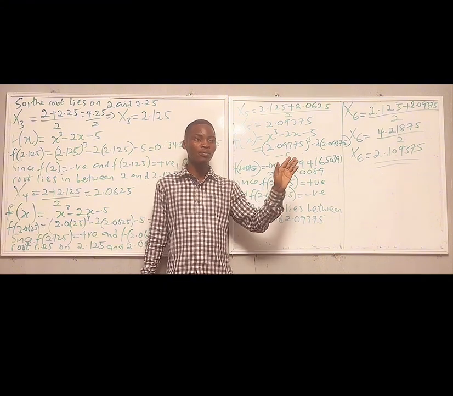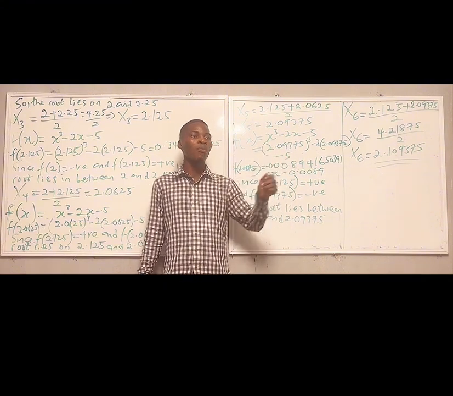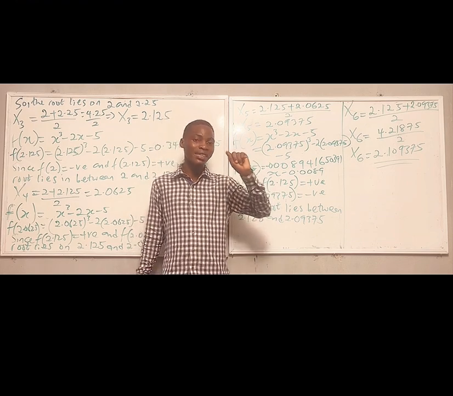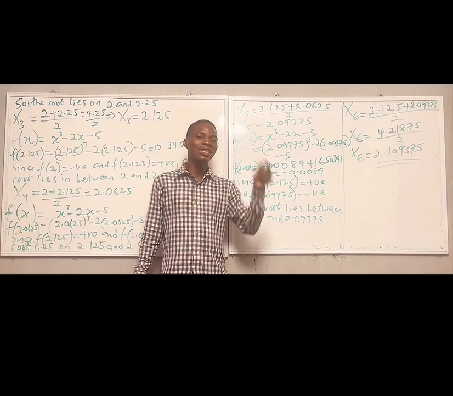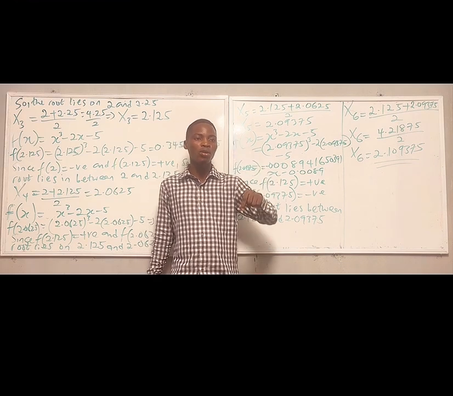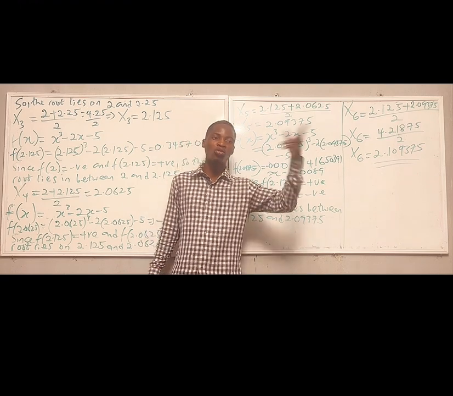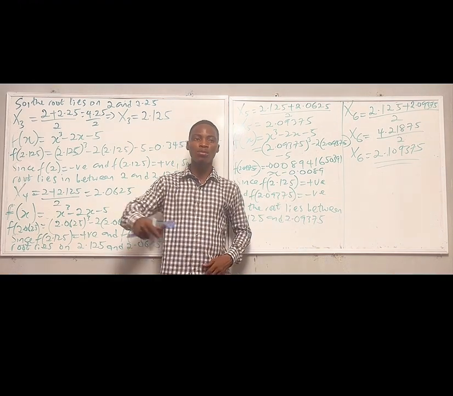When I got to S12, I got 0.0 something. But when I got S13, the answer was even smaller than S12, while S12 was bigger. So that's why I keep continuing.